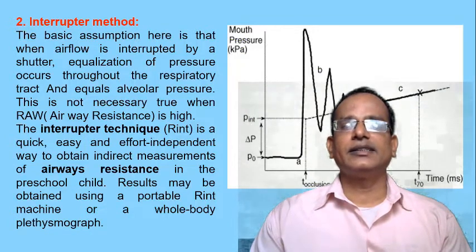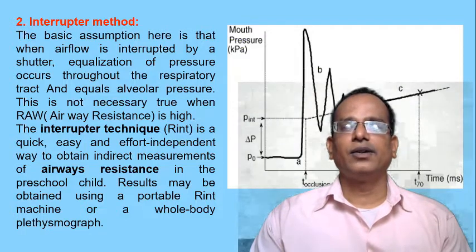That is not necessarily true when airway resistance is very high. When airway resistance is very high, it is not true. So that's why this is also somewhat of a less used application.